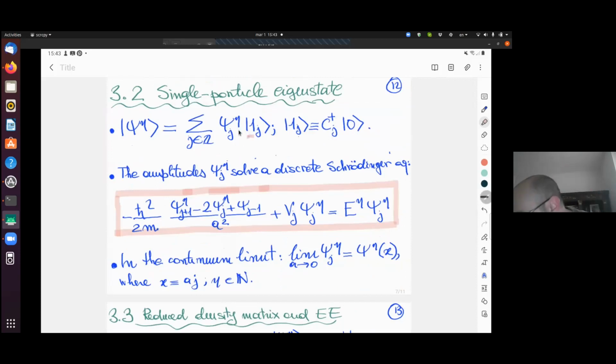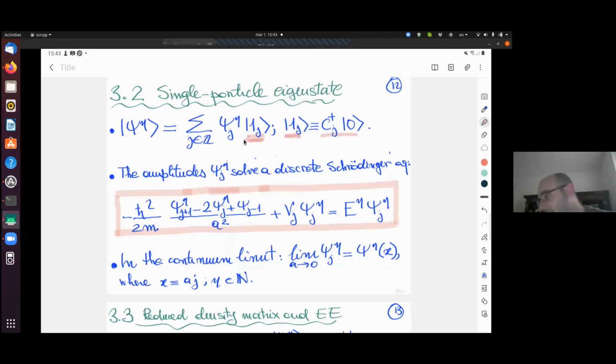So there is just one fermion moving in this lattice. Here you see this particle at site J, and eta is a parameter which is essentially an integer. I'll show you in 1 second what it is.